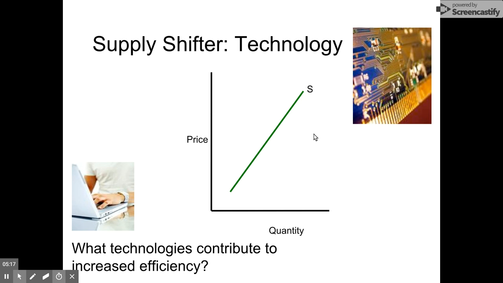You had a right shift. If there's a hurricane and a company's robots or other technology went down, you're going to have a left shift, for example. So technology improves, right shift. Technology degrades, left shift.